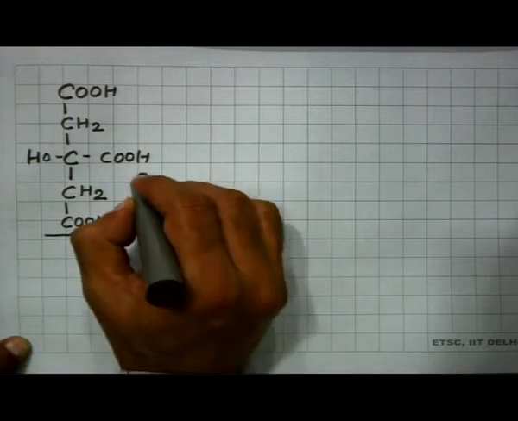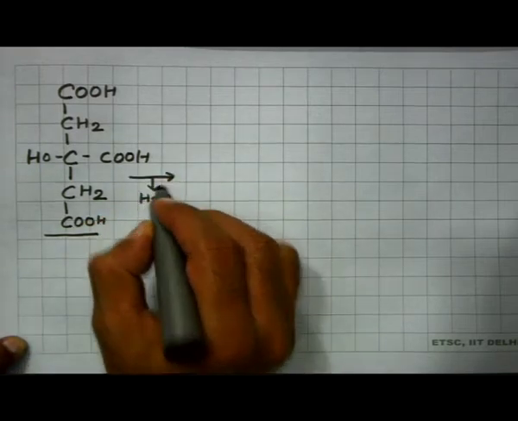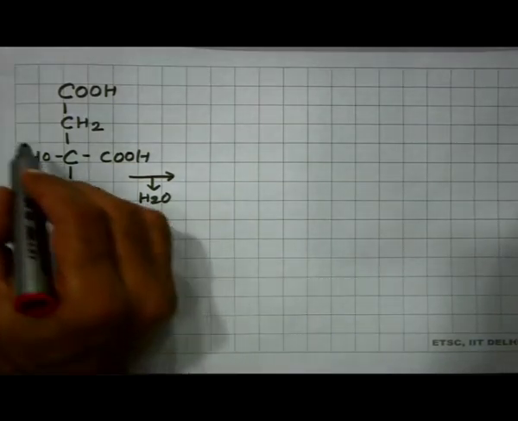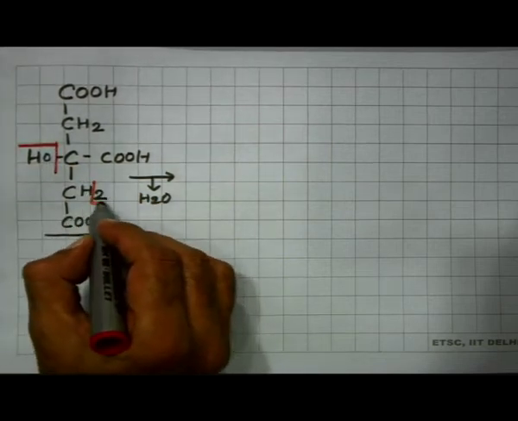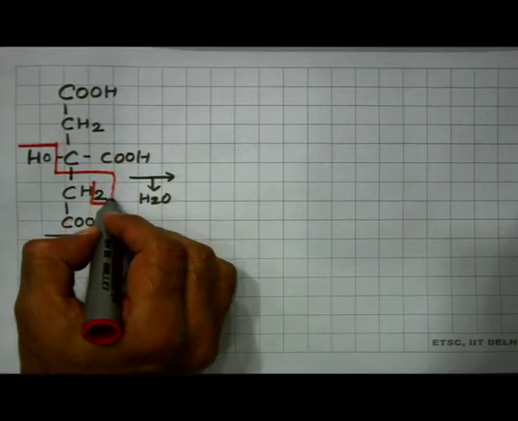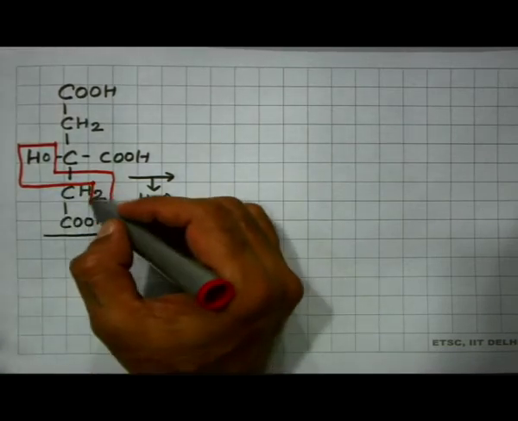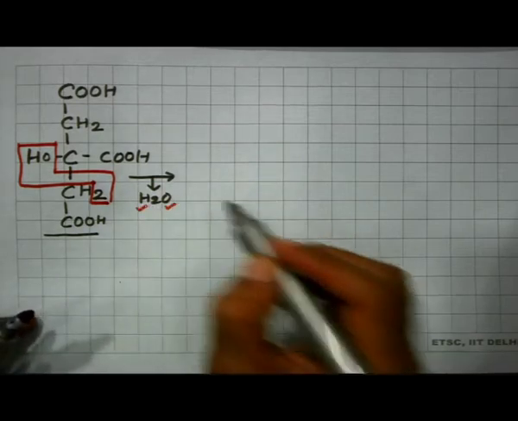Here there is the removal of water, as we have already discussed. From where is this water going to be removed? This OH and this H are going to be removed. So, you can easily understand from where the water molecule, 2 hydrogen and oxygen, is released.